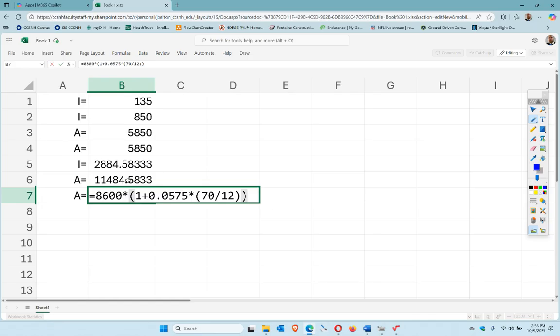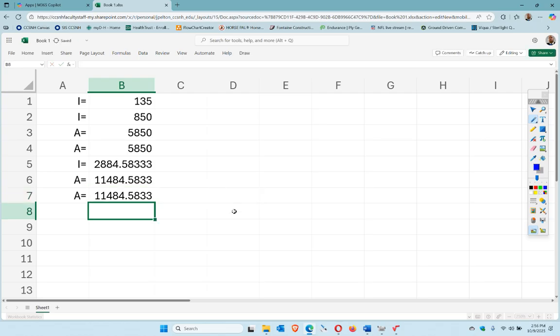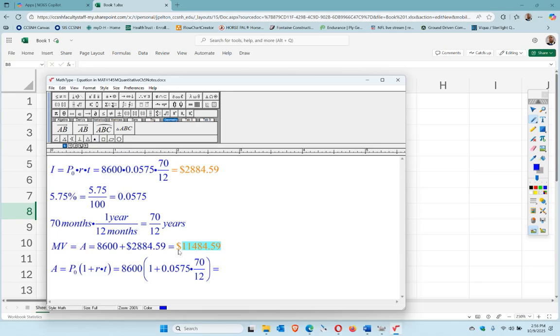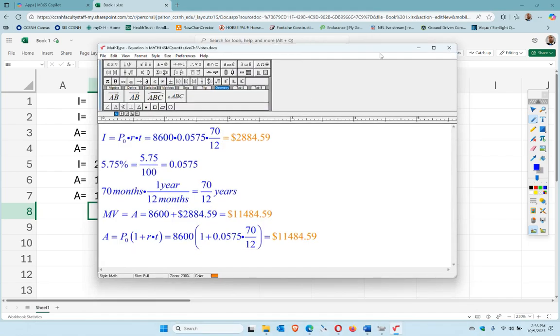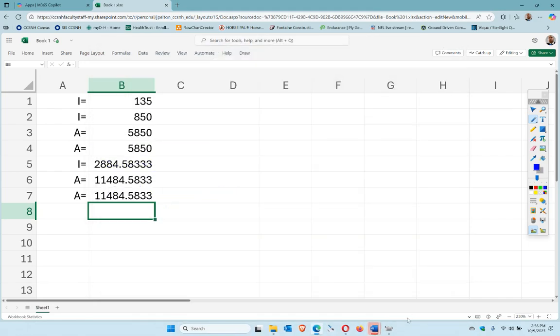So this should match the one we did before, because again, it's principal plus interest. Same answer. Okay? So it does not matter. You get the same answer either way. And in both cases, you're just rounding up a penny because they usually take that extra penny for themselves, right? Okay. All right, let's go back to the document here.